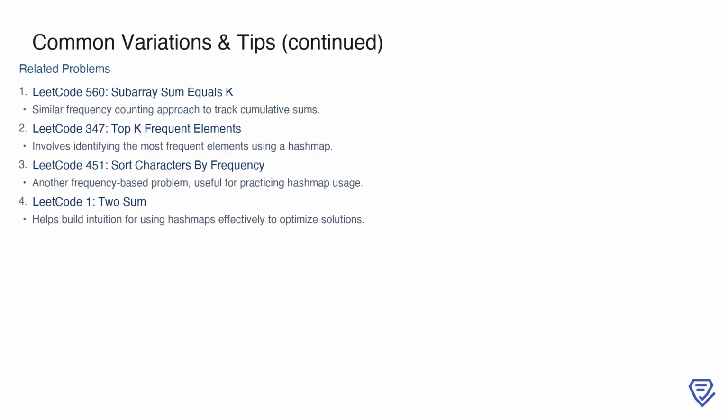Similarly, LeetCode 451, Sort Characters by Frequency, also emphasizes hash map usage for frequency-based sorting. Finally, LeetCode 1, Two Sum, is a classic problem that helps develop a strong foundation in using hash maps effectively to optimize solutions. Practicing these related problems can deepen your understanding of frequency-based approaches and hash map techniques.